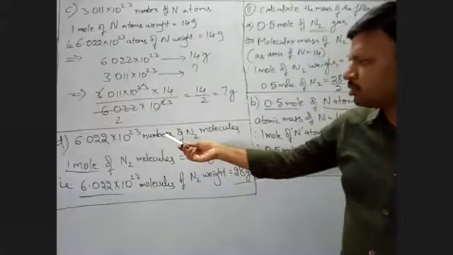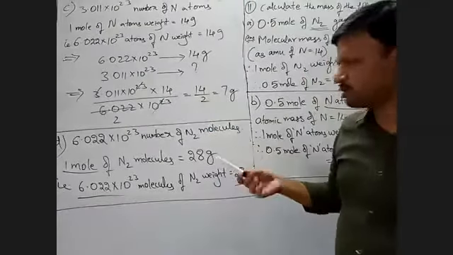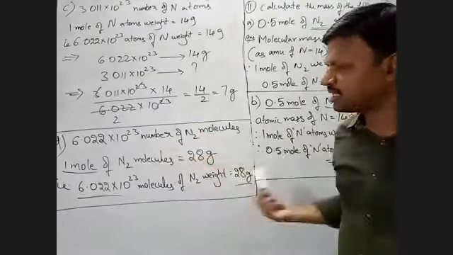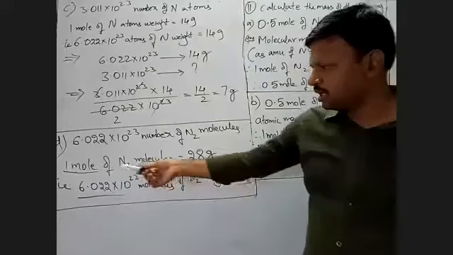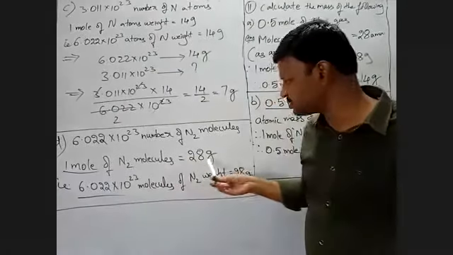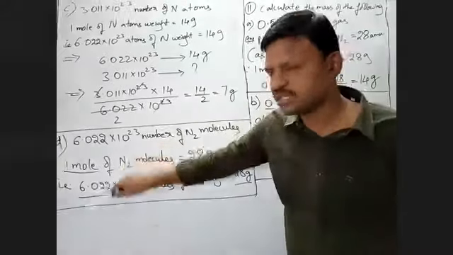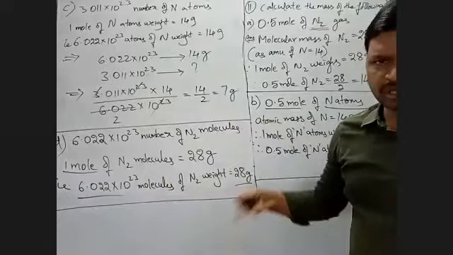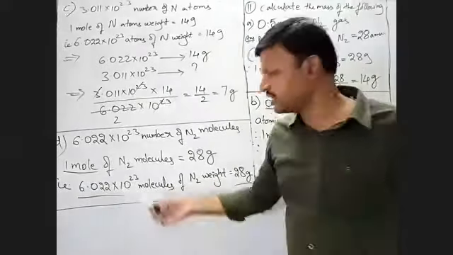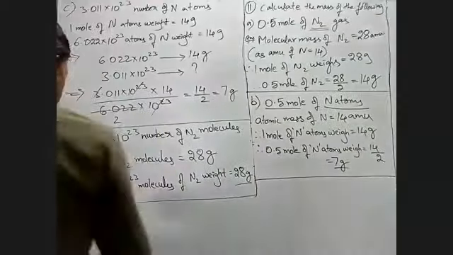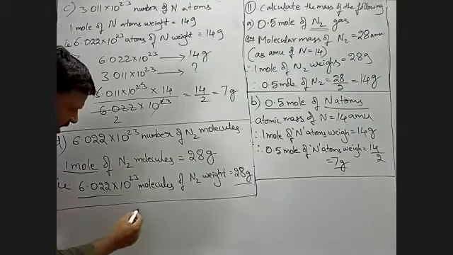Next: 6.022 into 10 power 23 number of nitrogen molecules. How much do they weigh? You can directly write: 1 mole of nitrogen molecules is 28 gram. And 1 mole means again it is nothing but Avogadro number of molecules. You can write this 6.022 into 10 power 23 also as Na.